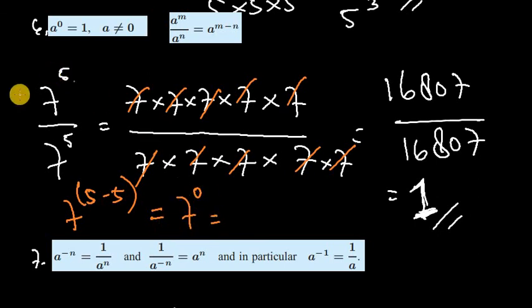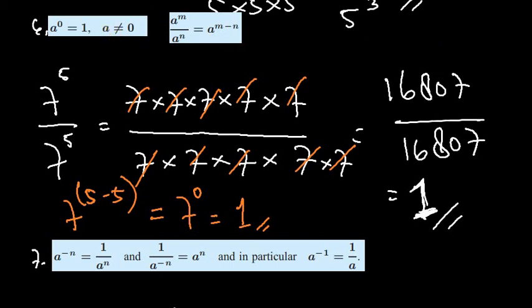We know that this is equal to 1. So 7 to the power of 0 also equals 1. Okay, that's why we need rule number 2 to prove rule number 6. Everything to the power of 0 is 1 except 0.